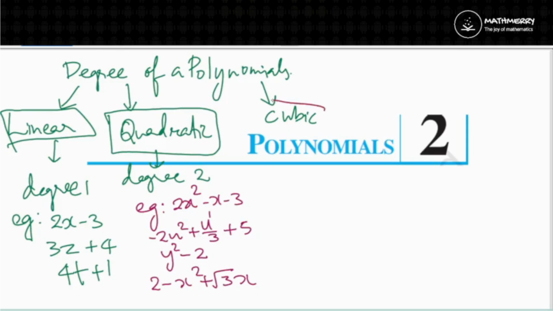Now, next is a cubic polynomial. For a cubic polynomial, the degree of the polynomial will be 3.